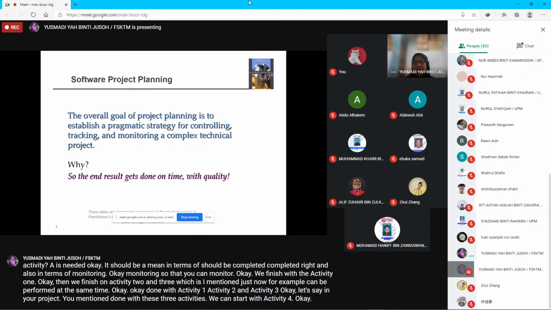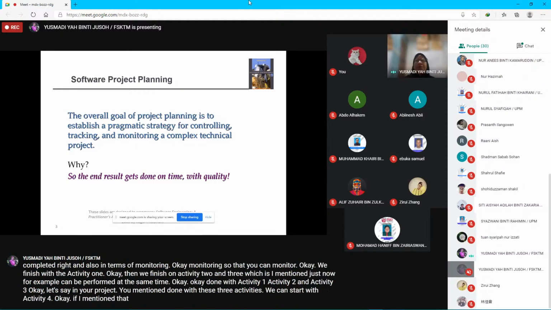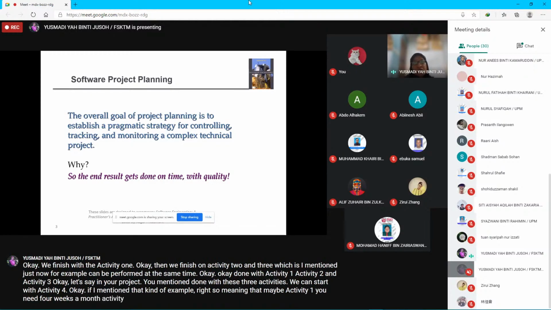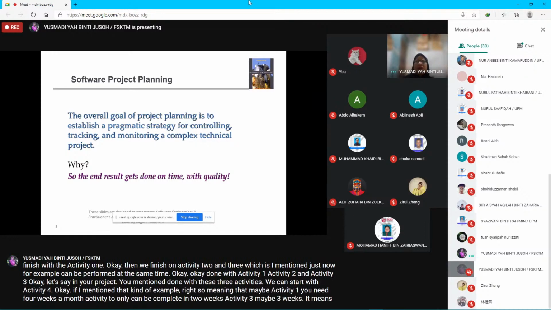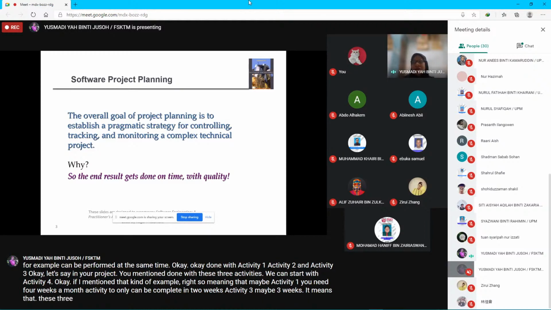If I mention that kind of example, right? So meaning that maybe activity 1, you need 4 weeks, a month. Activity 2 only can be complete in 2 weeks. Activity 3, maybe 3 weeks. Okay, means that these 3 activities have different durations to complete.